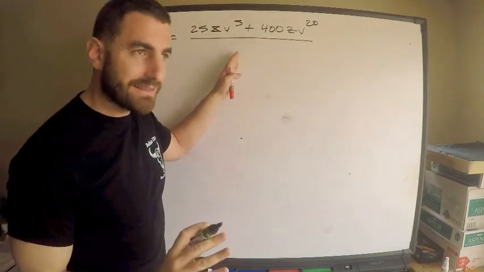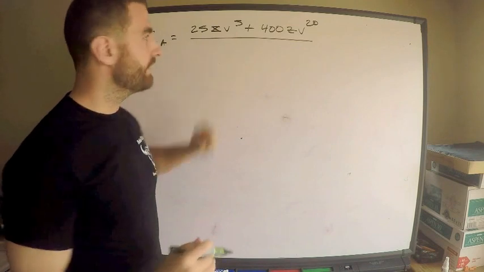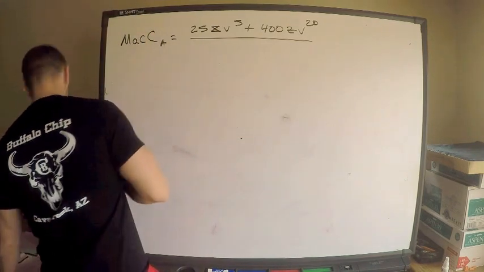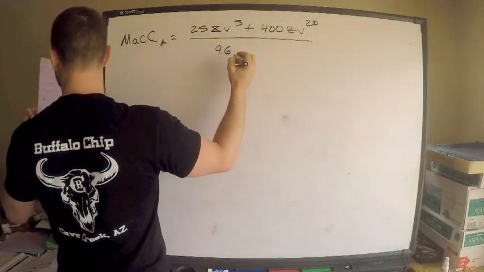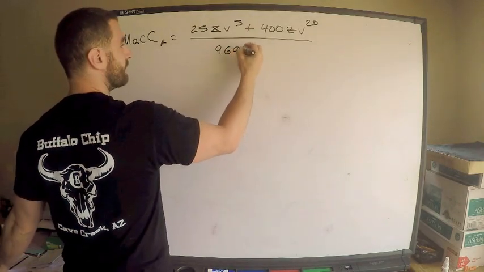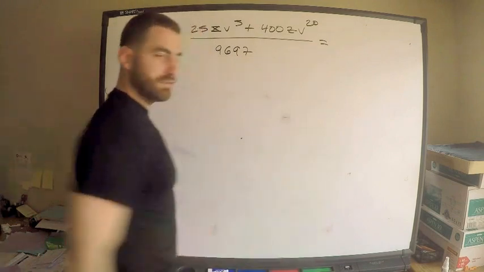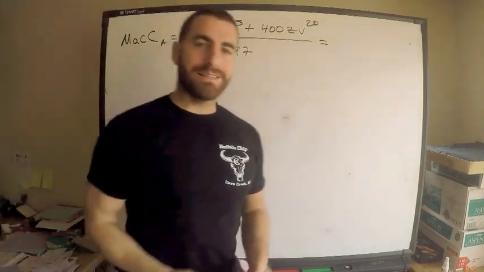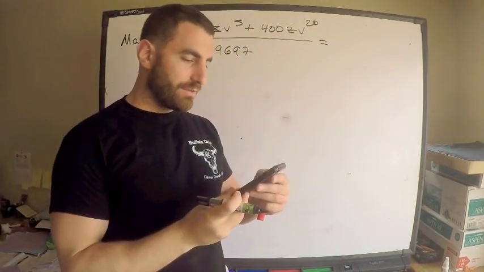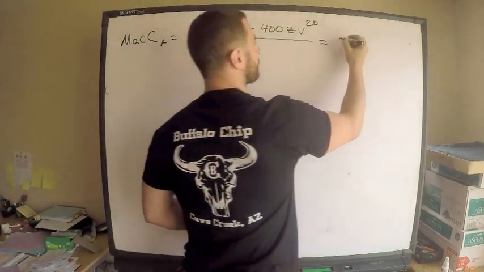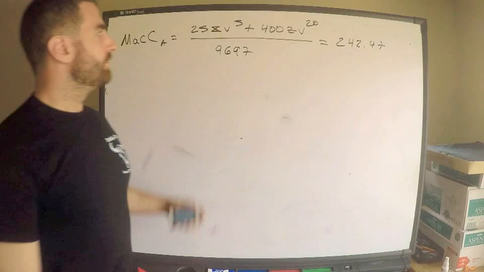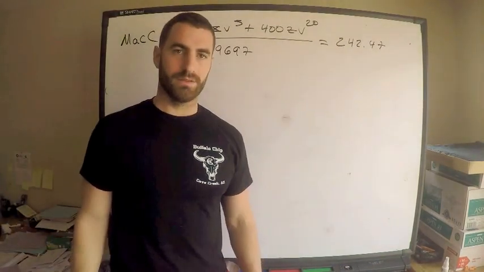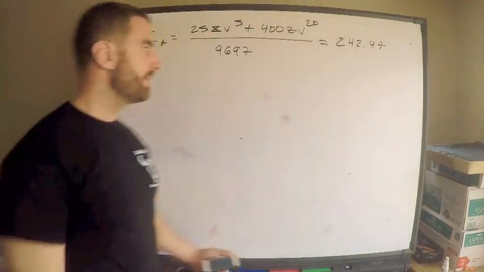But the price of the assets equals the liabilities, and that was 9697. This equals the Macaulay convexity of the liabilities, which was 242.47.